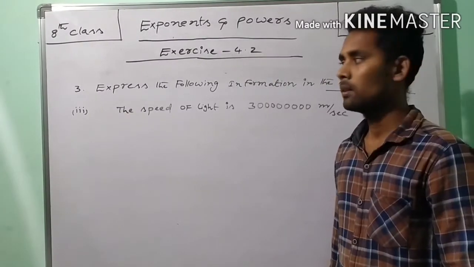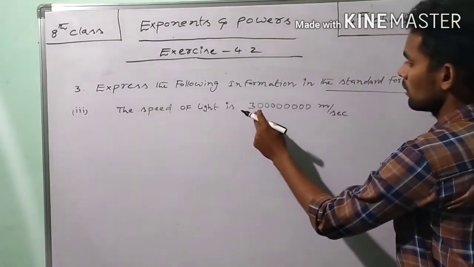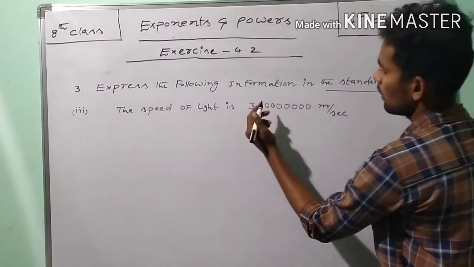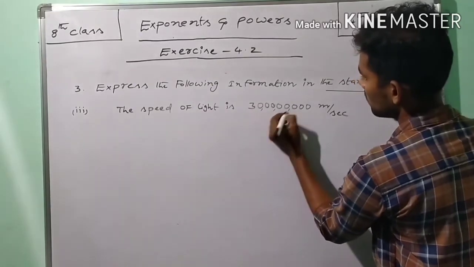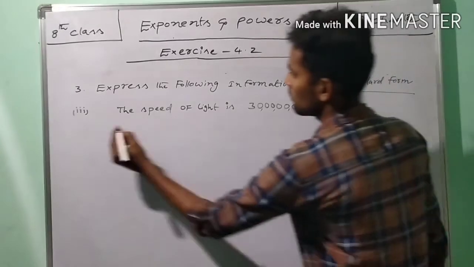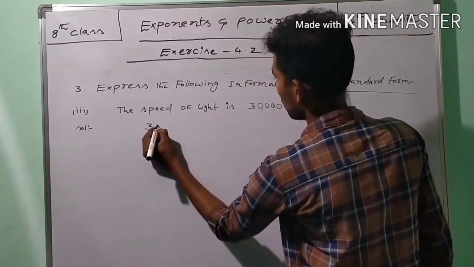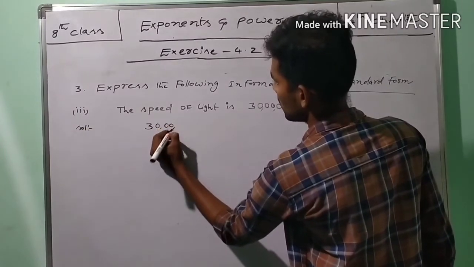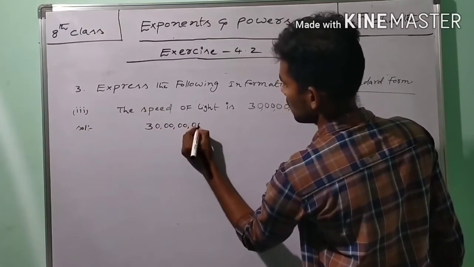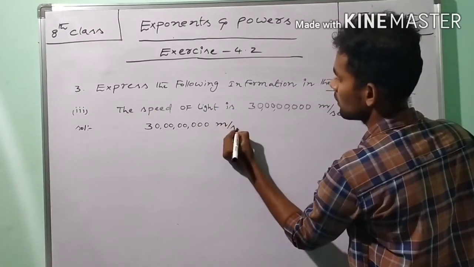Third question. The speed of light is 30 crores meter by second. Solution: 30 crores meter by second.